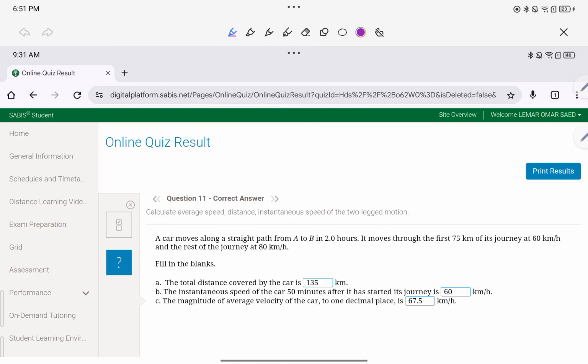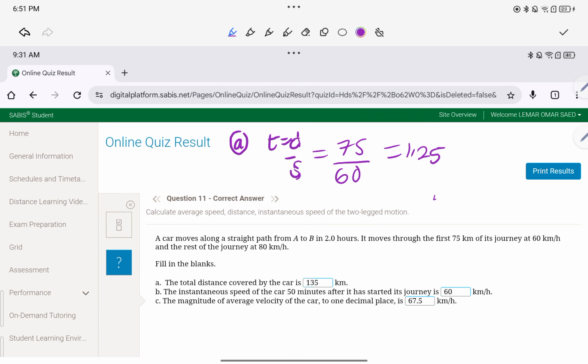First thing, you have to find the total distance of the car. Okay, A: T equals D over S, which is 75 over 60. Okay, 1.25 hours.